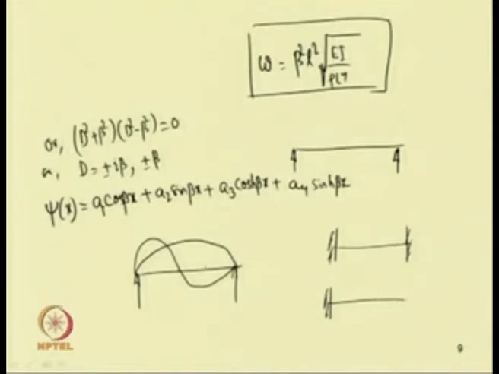In case of fixed, the first mode will be like this, with slope and displacement 0 at both the ends. In the second mode there will be a node here, and for the third mode there will be 2 nodes.